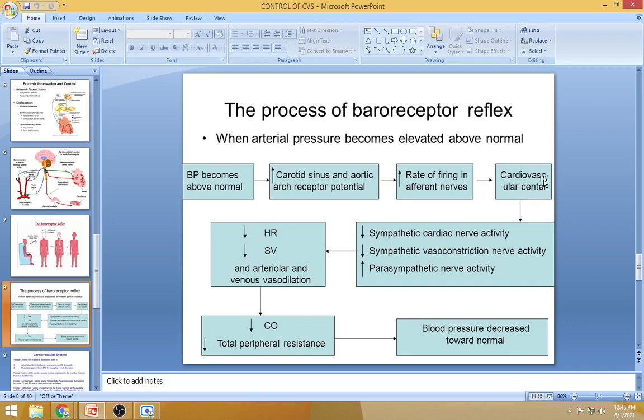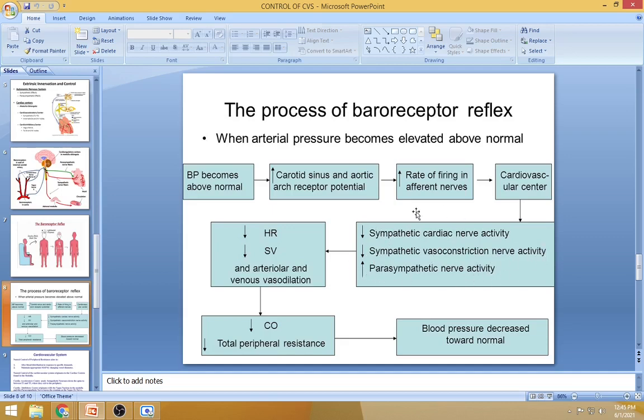In this case, the cardioacceleratory center would be depressed and the cardioinhibitory center would be activated, resulting in decreased sympathetic cardiac nerve activity, decreased sympathetic vasoconstrictor nerve activity, and of course increased parasympathetic nerve activity.